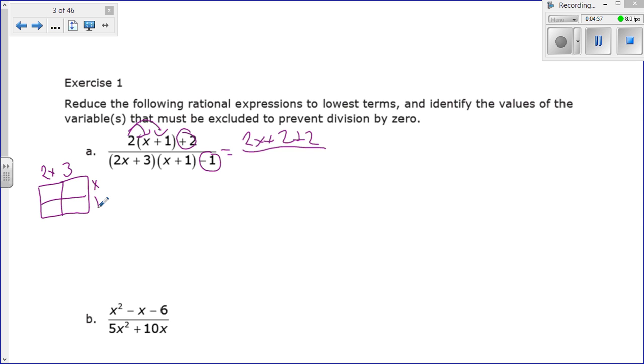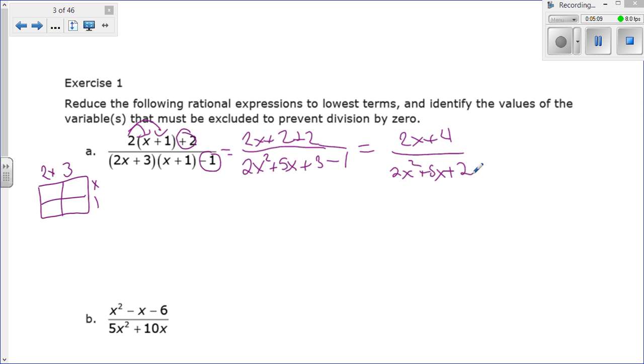And when I do that, I end up with 2x to the second plus 5x plus 3, and then my minus 1. So if I clean my numerator up, I have 2x plus 4 over 2x squared plus 5x plus 2.